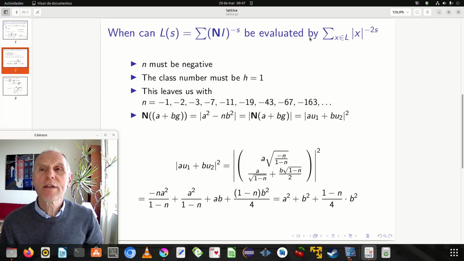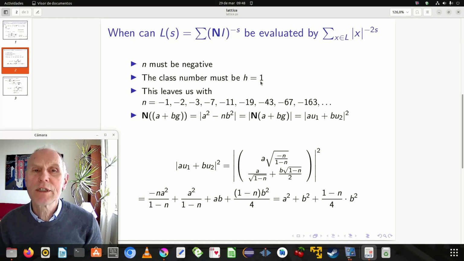The next thing is that if we have to sum only over some lattice, if this is the lattice of integers, then we don't get all the ideals except when it's a principal ideal domain, and that means that the class number must be unity.